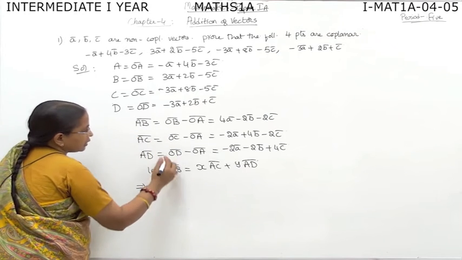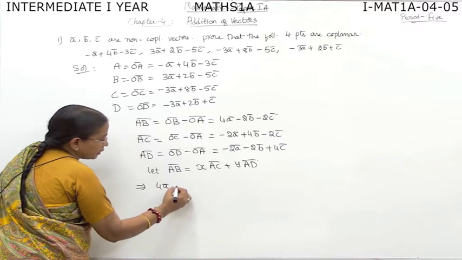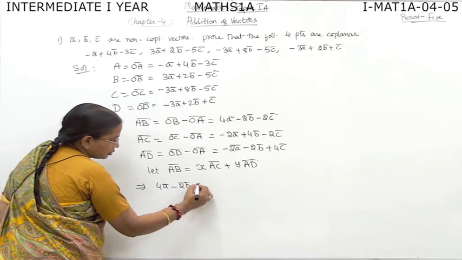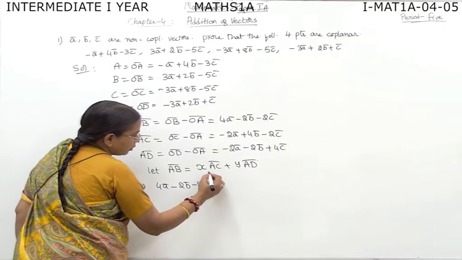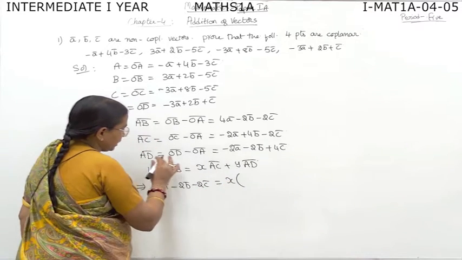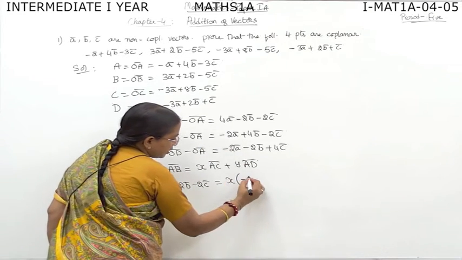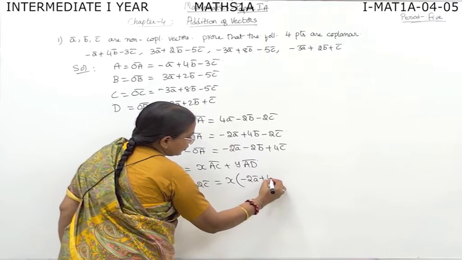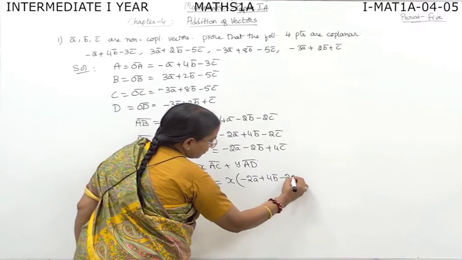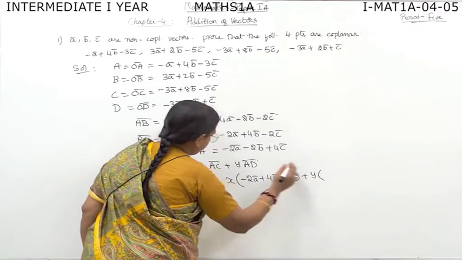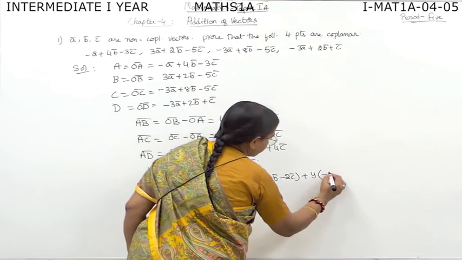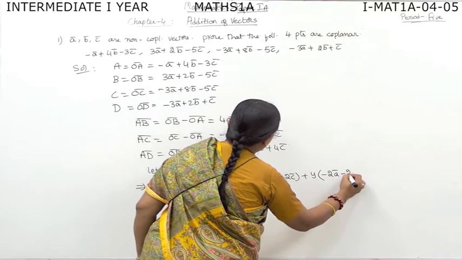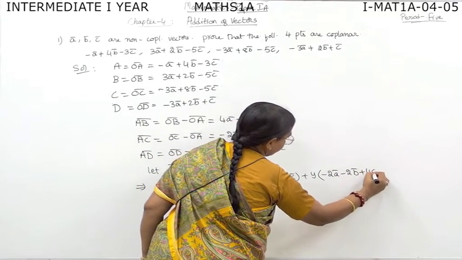AB, 4A minus 2B minus 2C is equal to x into AC, which is minus 2A plus 4B minus 2C, plus y into AD, which is minus 2A minus 2B plus 4C.